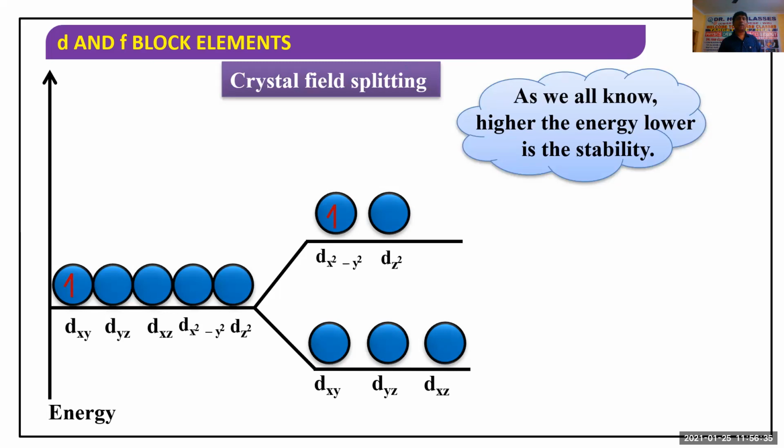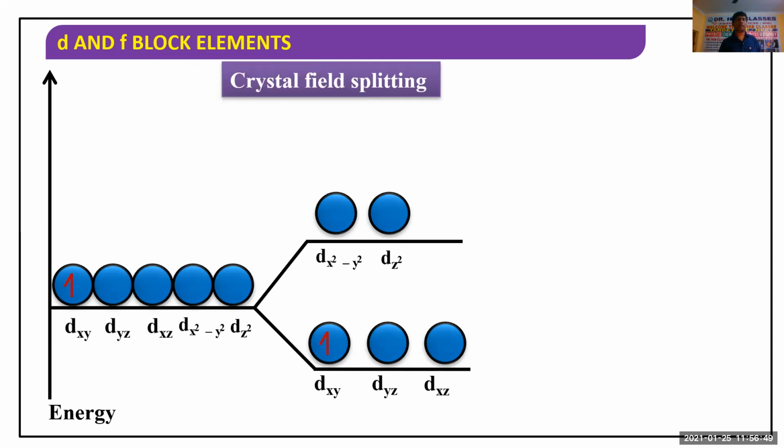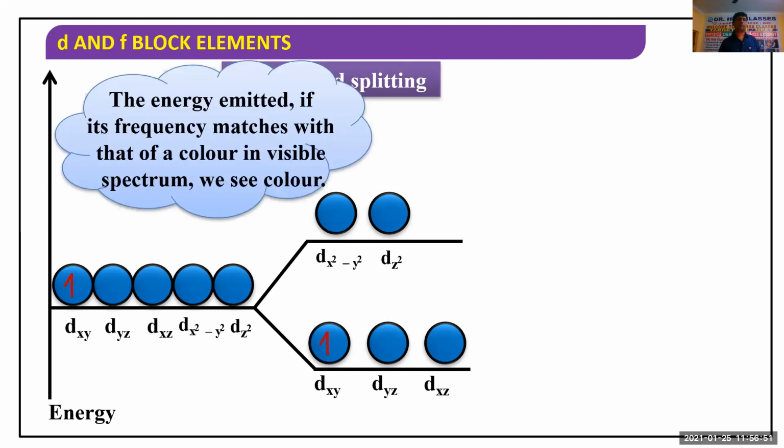As we all know, the higher the energy, the lower the stability. In order to attain stability, the electron in the higher energy level emits energy and comes back to the lower energy level. This is the emission of energy. If the emitted energy's frequency matches that of a color in the visible spectrum, we see the color.